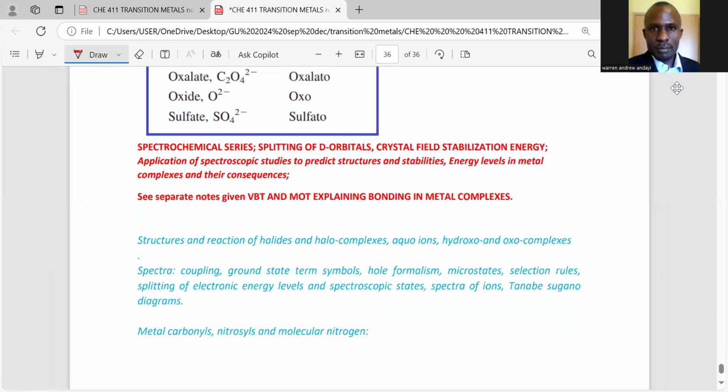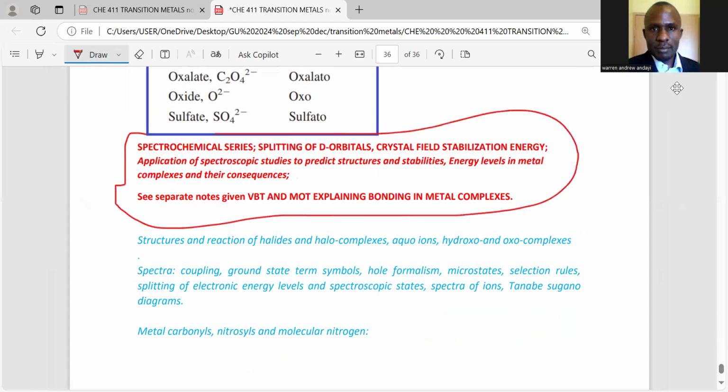So far, having covered that, this is what is remaining to be covered. And therefore, in the next session, I will cover this part, okay? Spectral series, splitting of d orbitals, the crystal field stabilization, okay?